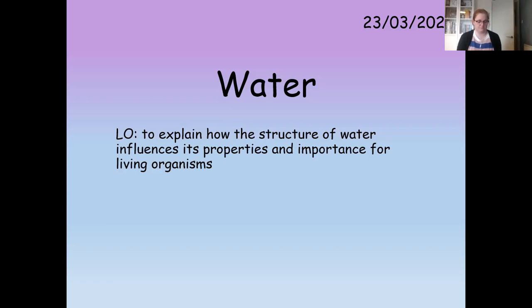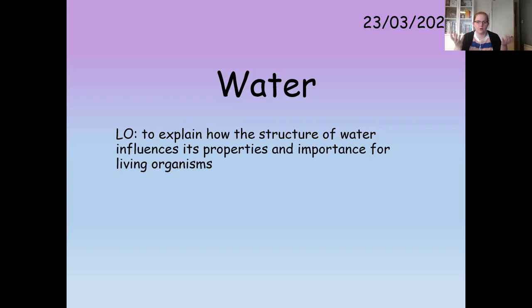All those hydrolysis reactions, when we've been joining monomers together to make polymers, require water. So it starts to give us an idea of why our body's made up of so much water. Water also provides structural support for our cells, and it keeps organisms cool to maintain that optimum body temperature. So it has a lot of different roles.